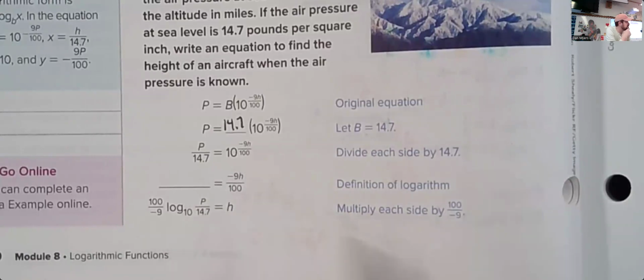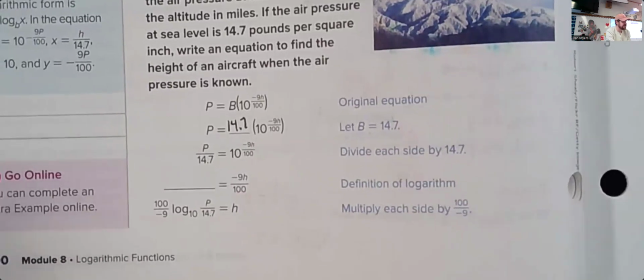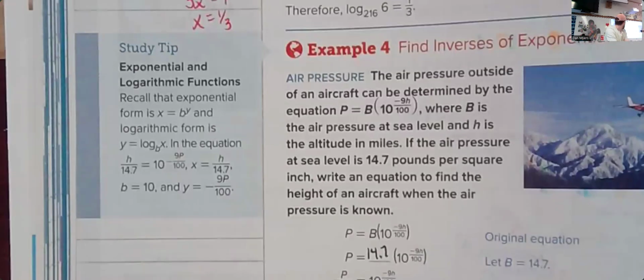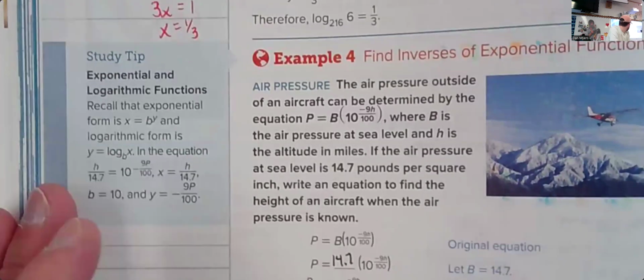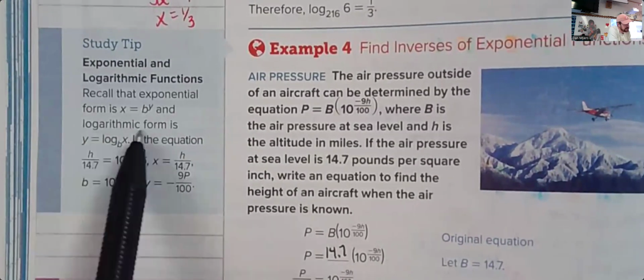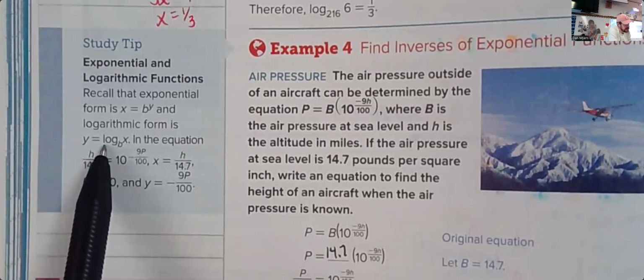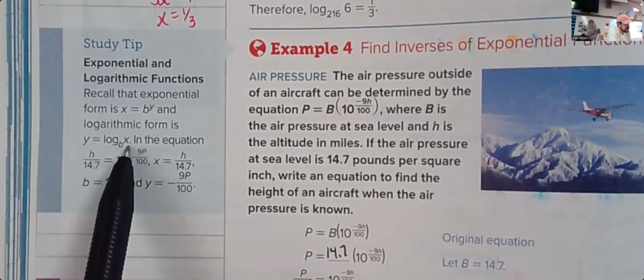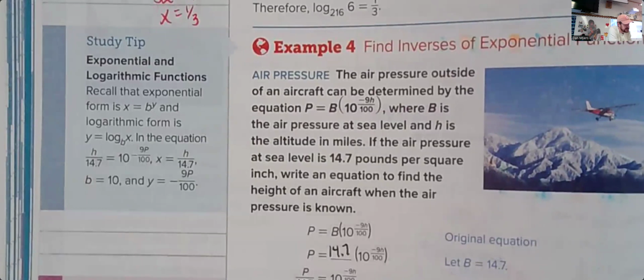Then we are going to use our definition of a logarithm. It actually gives us a hint off to the side. Recall that an exponential function is of the form x is equal to b to the power of y, and a logarithmic function is in the form of y is equal to log base b of x, where x is the original argument.